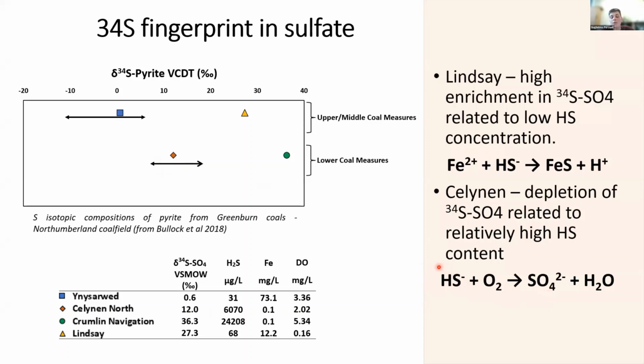That's because sulfate reduction depletes the hydrogen sulfide, and if we oxidize that hydrogen sulfide back into sulfate, what we measure in the outflow could seem a fingerprint from pyrite oxidation, but actually in that aquifer maybe sulfate reduction is ongoing.